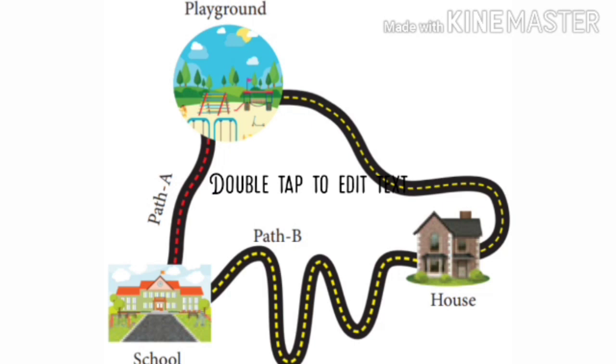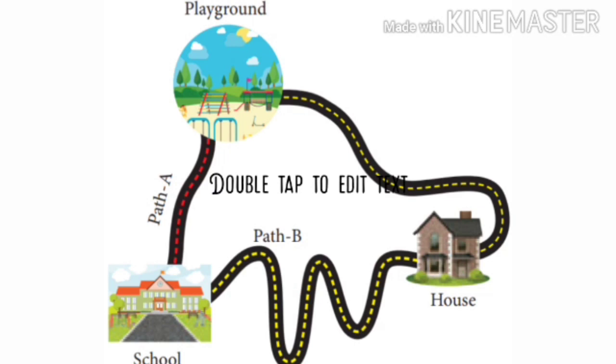One is path A and another one is path B. In this, you choose path A because path A is the shortest distance and path B is the longest distance. So you choose path A to reach the playground early.